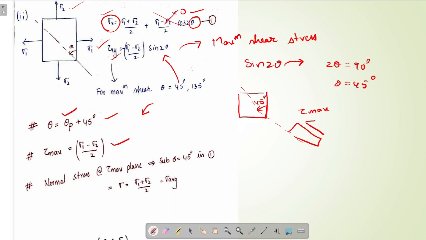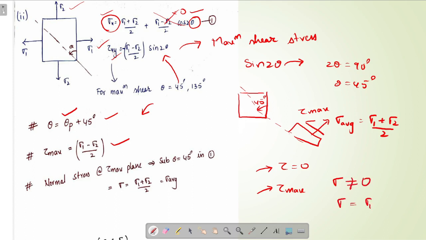So, on this plane, sigma will be sigma average, that is sigma 1 plus sigma 2 by 2. Remember, in case of the maximum principal stress plane, on that plane shear is 0. But in case of the tau max plane, sigma is not equal to 0. In this case, sigma will be sigma average, sigma 1 plus sigma 2 by 2.